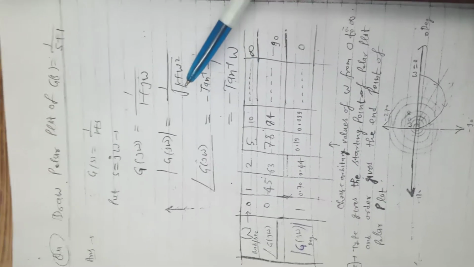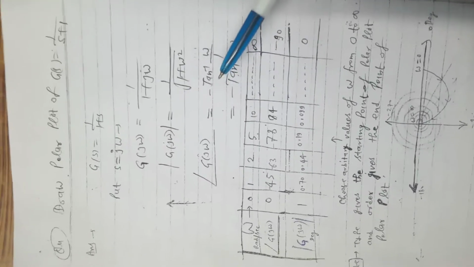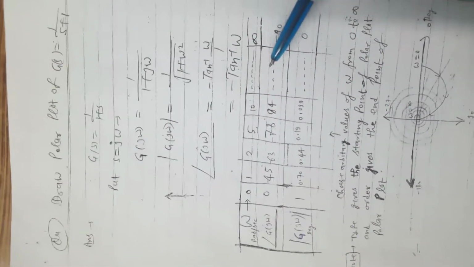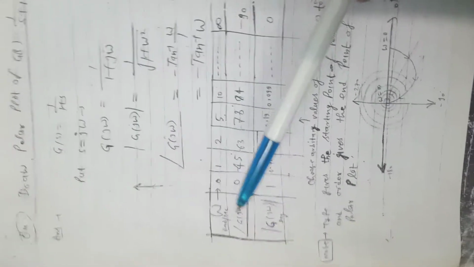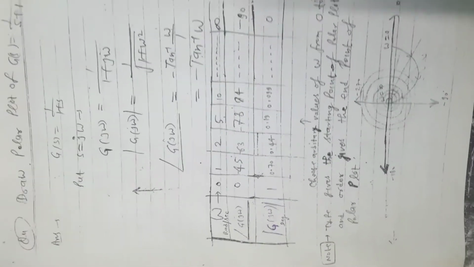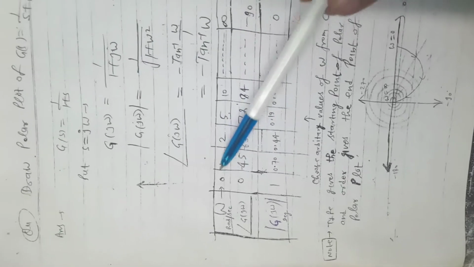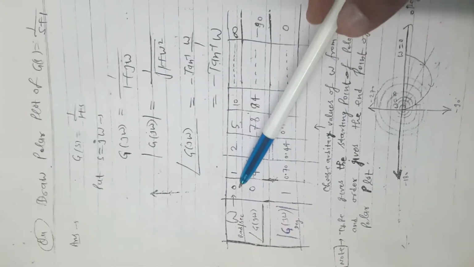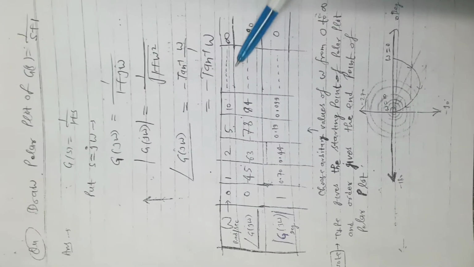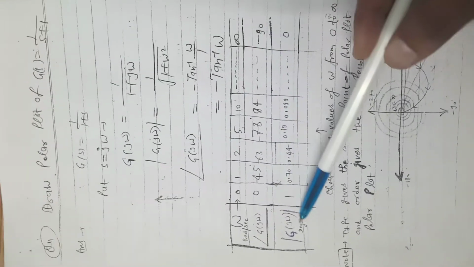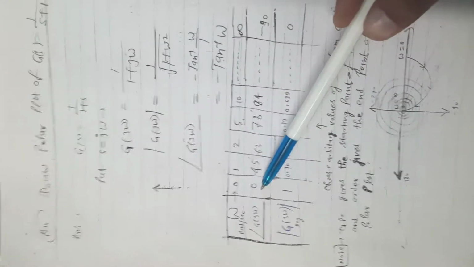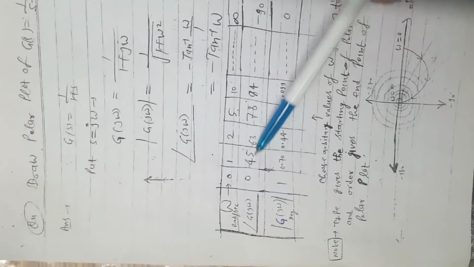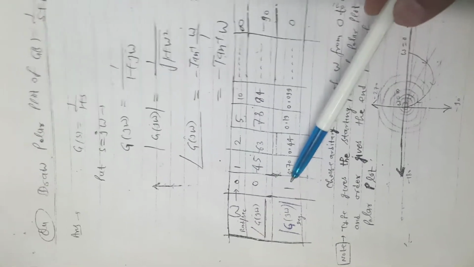When you take it into the numerator, it becomes minus tan⁻¹(ω). Now simply make a table in which you calculate the phase angle and magnitude at different values of ω, starting from 0, 1, 2, 3, 4, 5, 10, 50 till infinity. This is my phase, angle of G(jω) in degrees, and this is my magnitude.